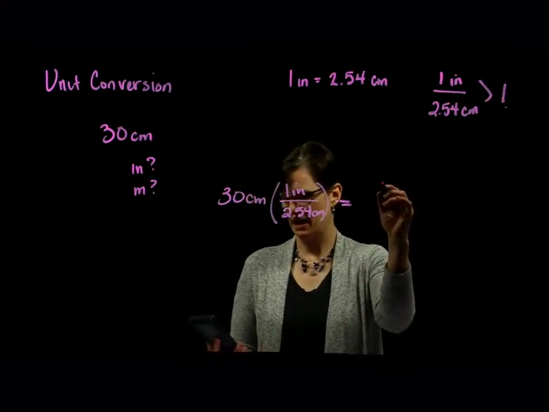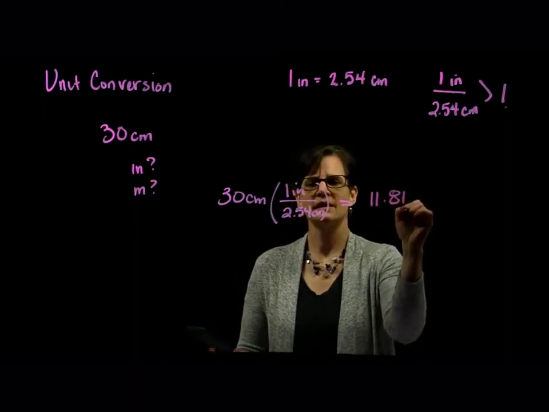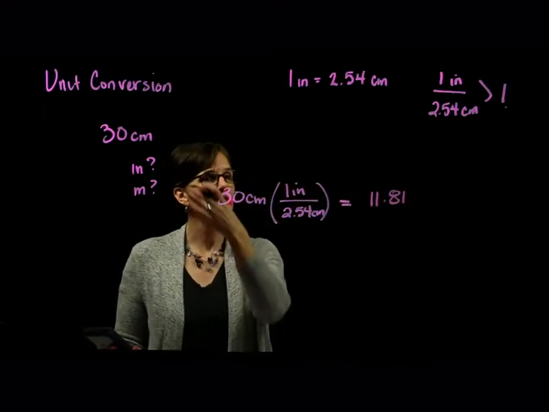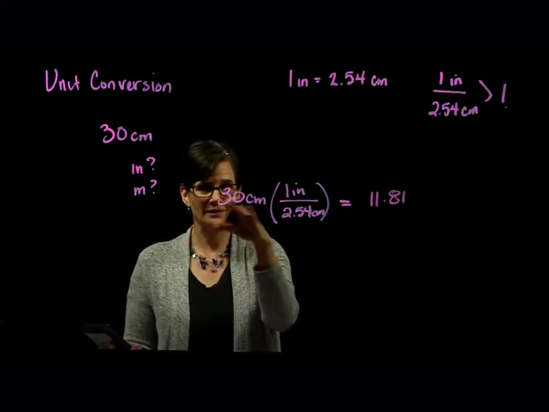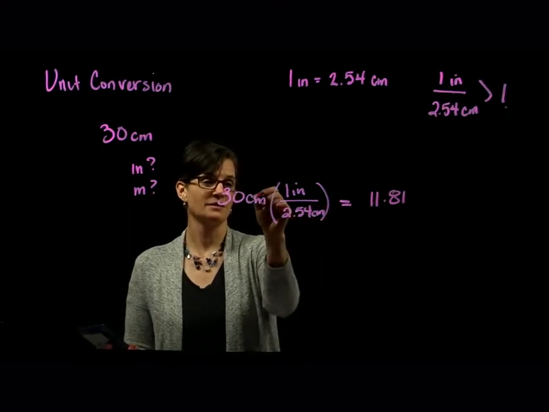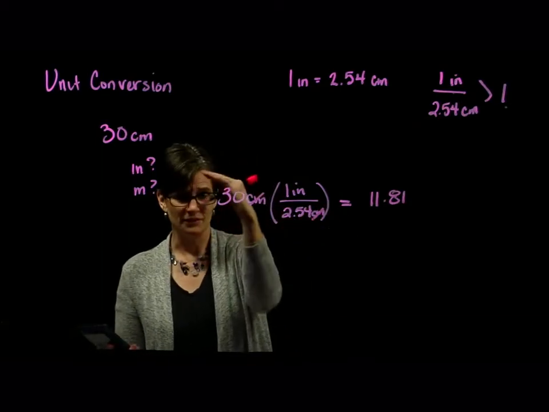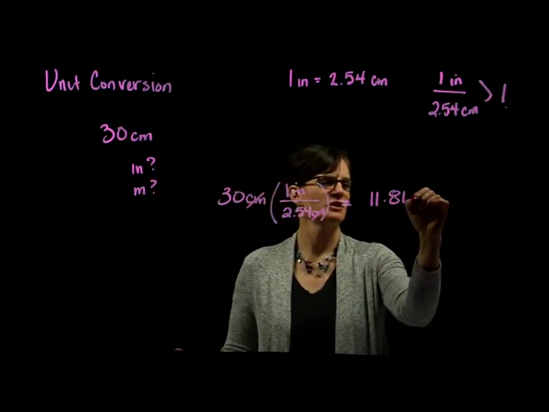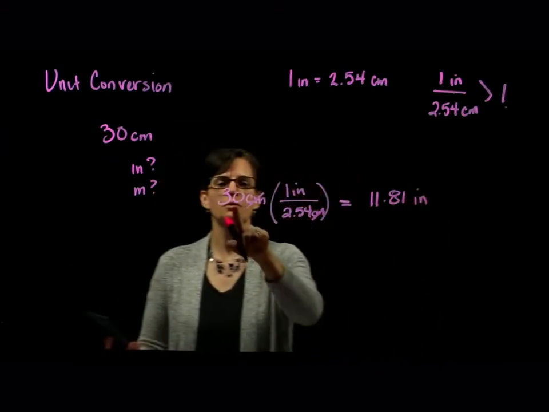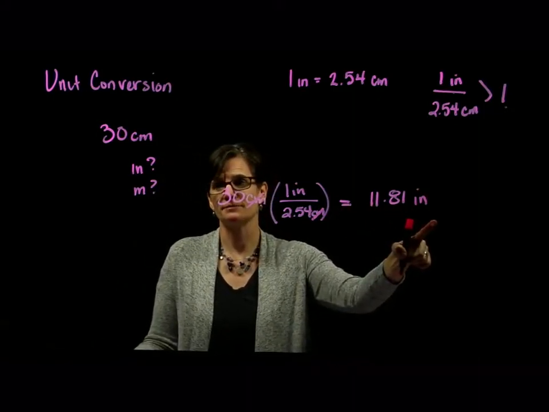Numerically, I have 11.81, and in unit math, the centimeters on top cancel with the centimeters on the bottom, just like division, and I'm left with inches on top. So 30 centimeters is equal to 11.81 inches.